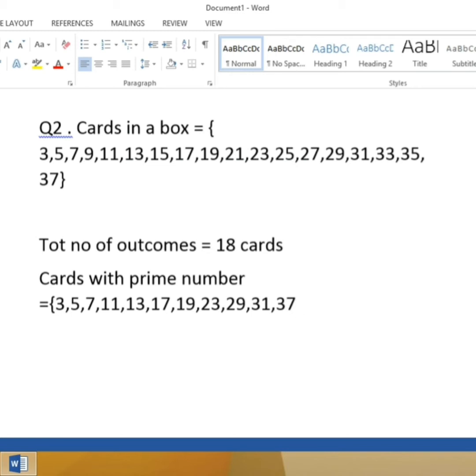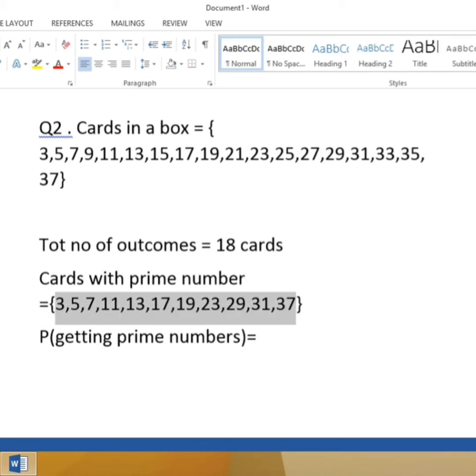A prime number, as we have already discussed, is one which is divisible only by itself and one. So the probability of getting a prime number, with the possible outcomes listed above, is going to be 11 by, total outcomes we know 18, so 11 by 18 is the probability.